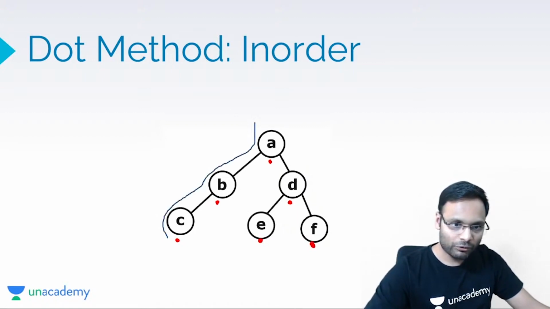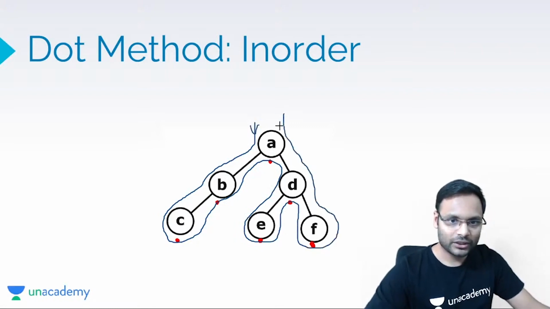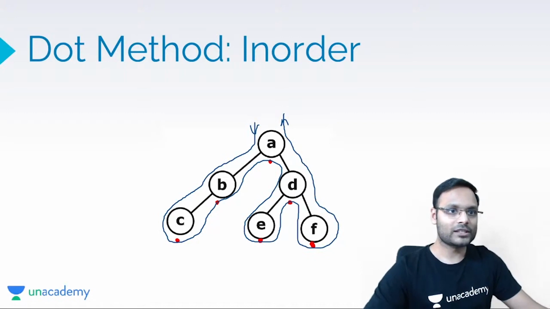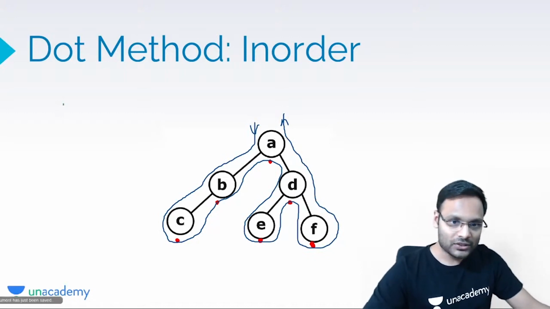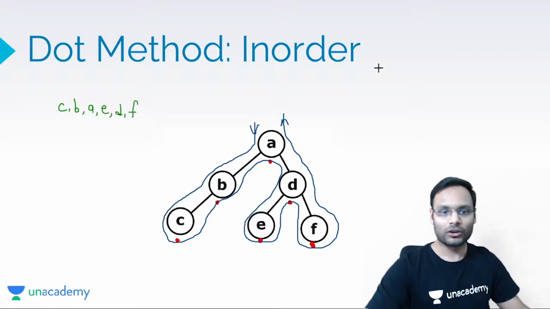We are going in traversal direction left to right. Start the line drawing from the root and go towards the root again, come back here and here. What is the sequence of dots this time? It is C, B, A, E, D, F. That is the in-order traversal.